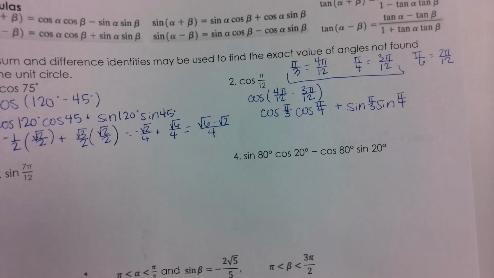Really, I think the hardest part of these is figuring out what angles you need to use to get the one that you're looking for. After that, it's pretty simple. So what is cosine of pi over 3? If you don't have your unit circle out, you might want that out. Cosine of pi over 3 is 1/2.